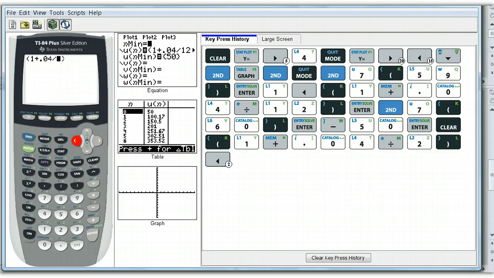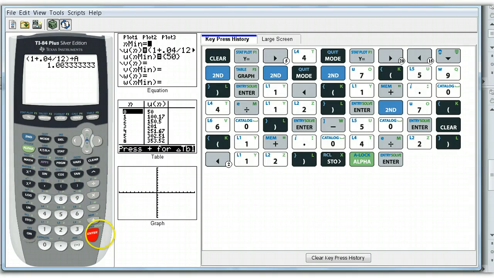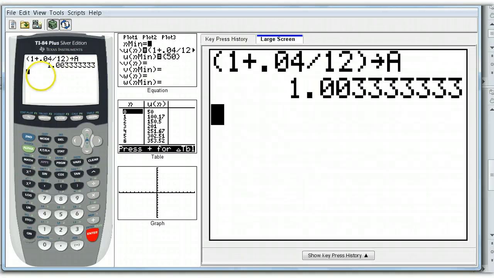My 12 didn't show up. So I'm going to do 12 and I'm going to store that into alpha A. So now instead of using that factor over and over again, I am just going to use the A variable there.